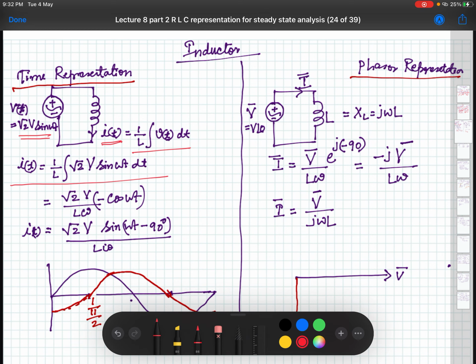And here you get this as minus cos omega t, and if you want to write in a similar fashion, then IT is basically V sine omega t, the input voltage, divided by L omega, similar to what we have for a resistance. But one more thing happens here: this shifts the waveform by minus 90 degrees.